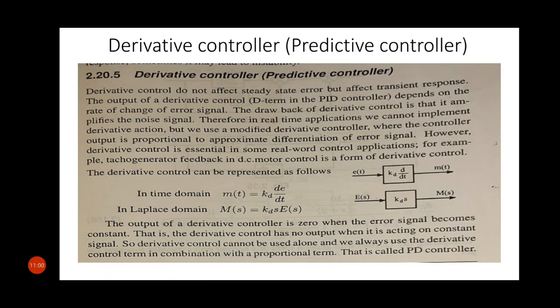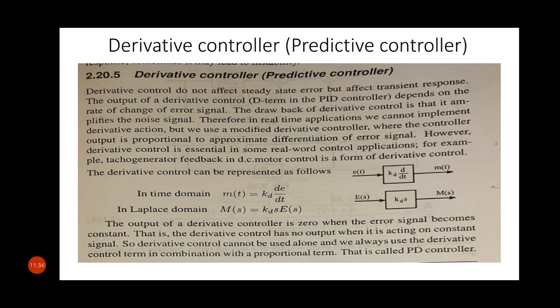The derivative controller is sometimes called a predictive controller. Derivative control does not affect steady state error but affects transient response. The output of derivative control, that is the D term in the PID controller, depends on the rate of change of error signal.